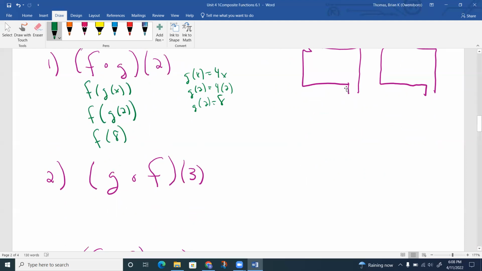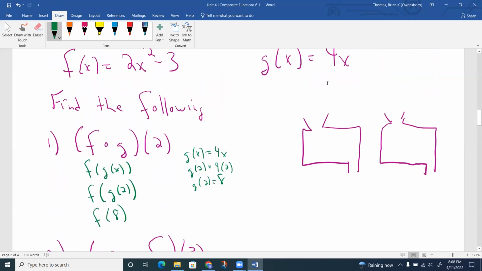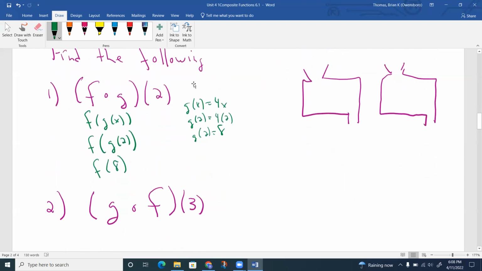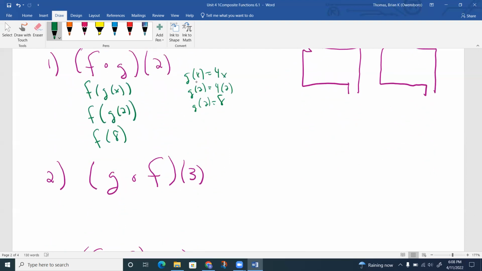So to evaluate f of 8, I have to know what the f function was. That was 2x squared minus 3. So what we do is we substitute 8 in for x. That becomes 2 times 8 squared minus 3. If we follow the order of operations, we have 8 squared to deal with first.